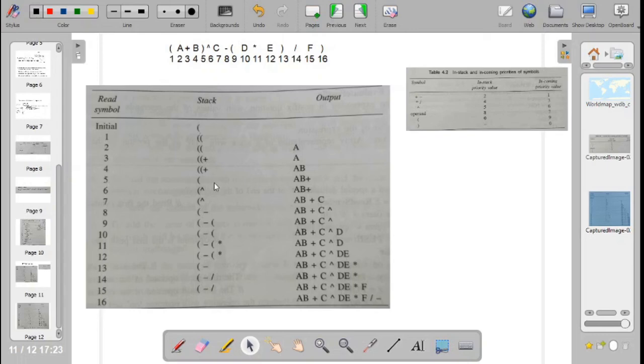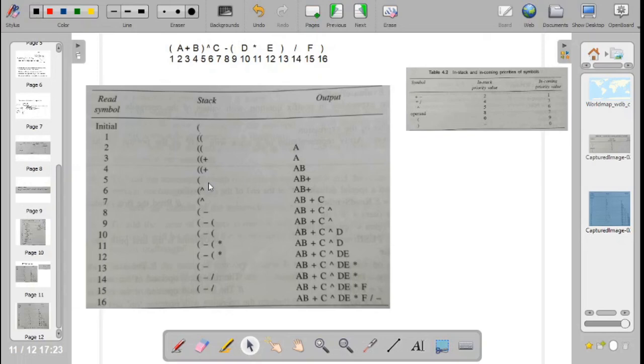We know that when a closing bracket is encountered, the algorithm says you have to pop out all the symbols on the stack until you encounter an opening bracket. That is, you have to pop plus onto the output. That is what happens, right? This opening bracket is also popped, which means you only have the opening bracket here, which you placed there initially.